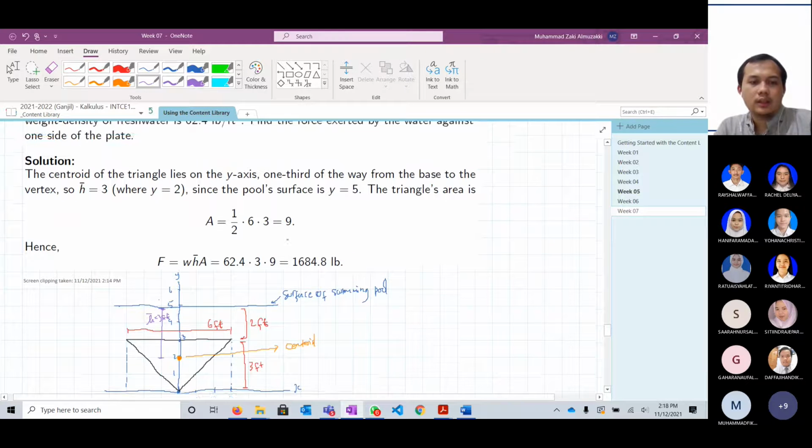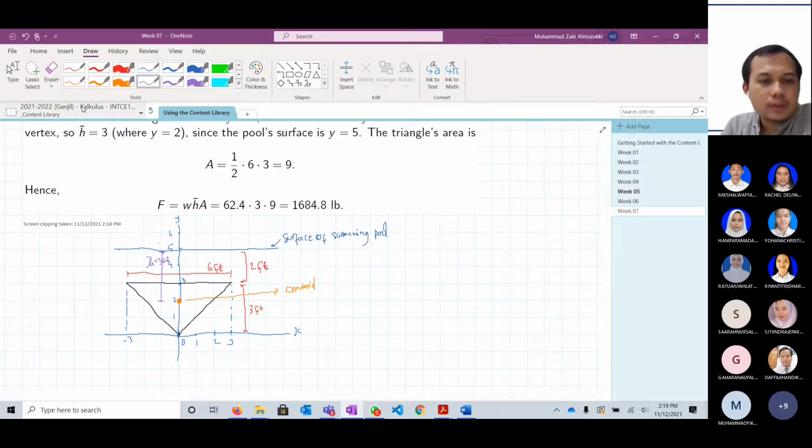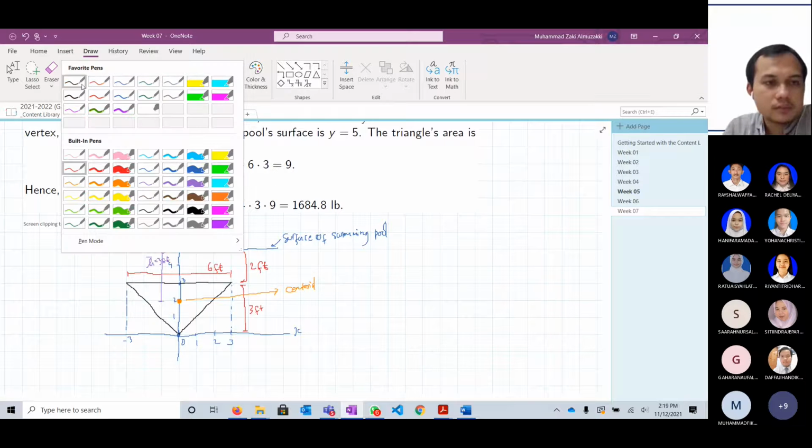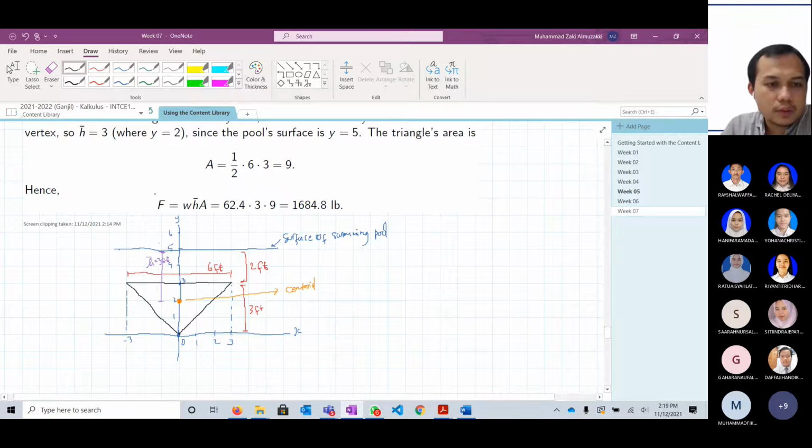Okay, and then to compute the force, what we need is the weight, h bar, and area. The area of this triangle is basically of base and height of the triangle.